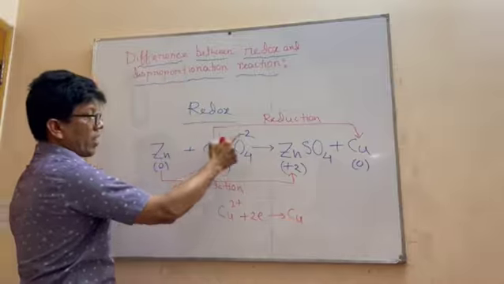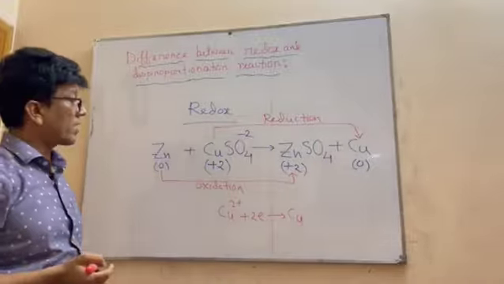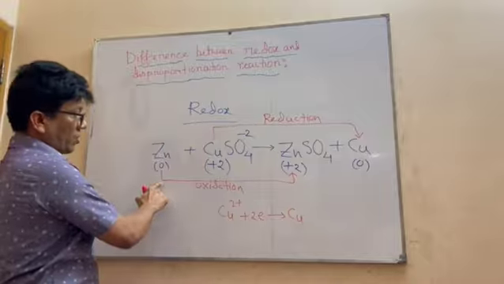So copper 2 ion is reduced, meaning a reduction reaction occurs. Zinc is oxidized 0 to +2, oxidation number increases, that's why it is oxidation, and copper 2 ion gains 2 electrons to produce copper, +2 to 0, oxidation number decreases, so copper 2 ion is reduced.